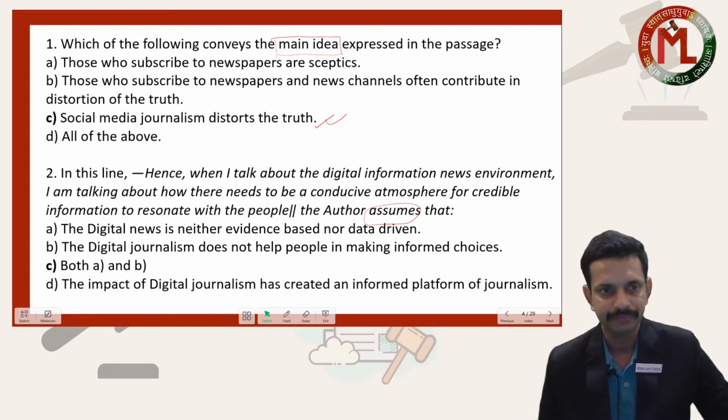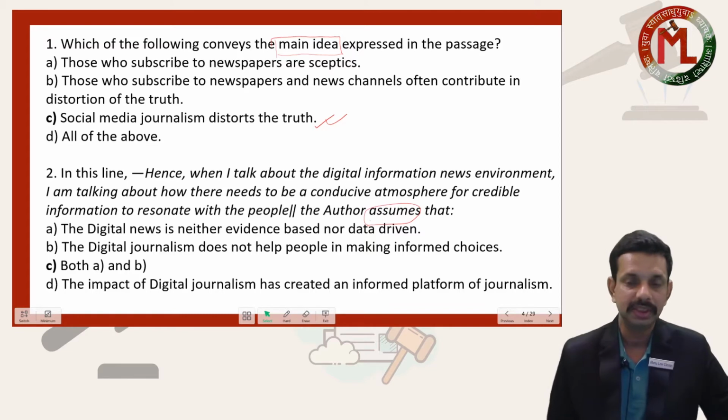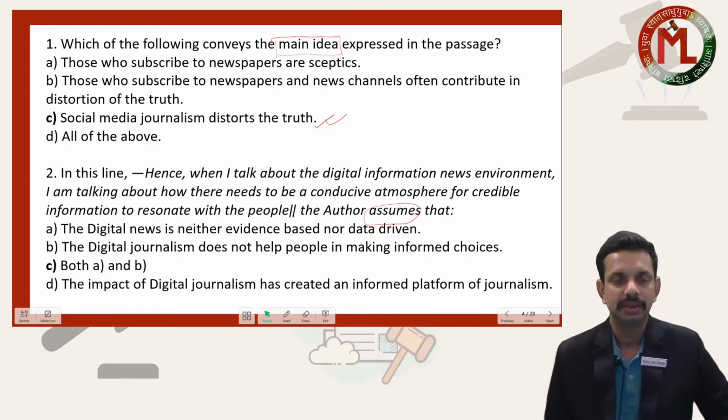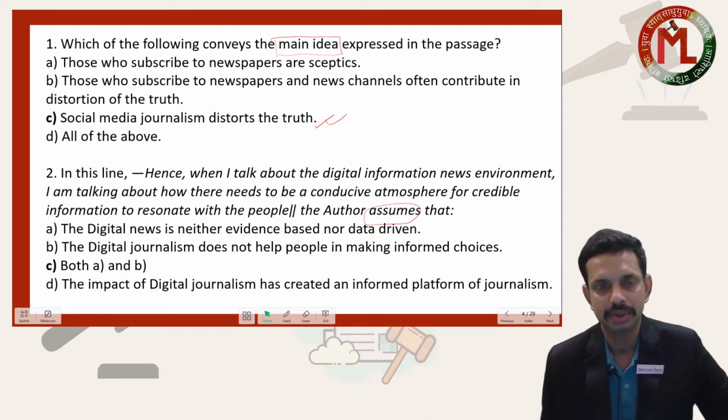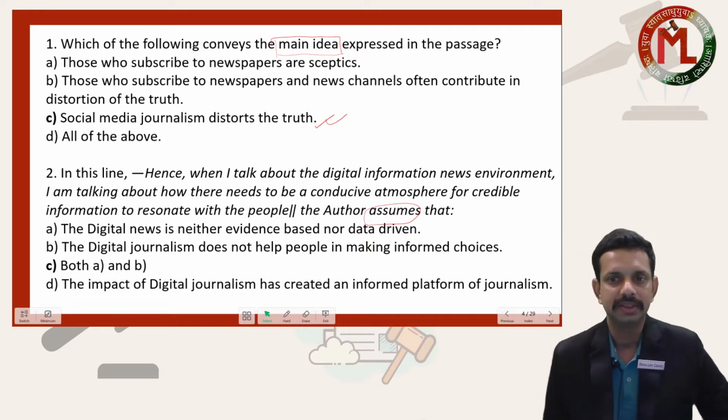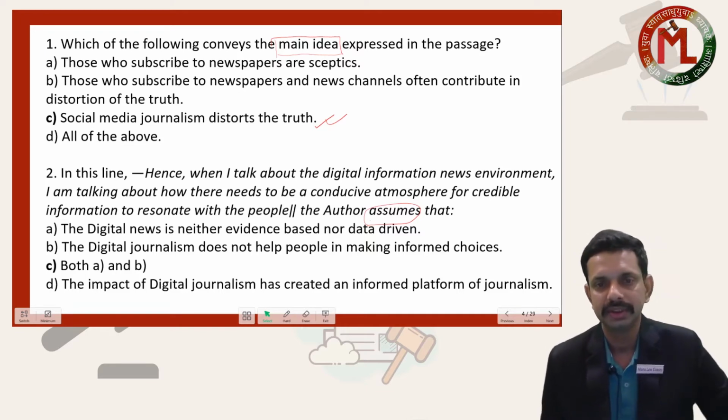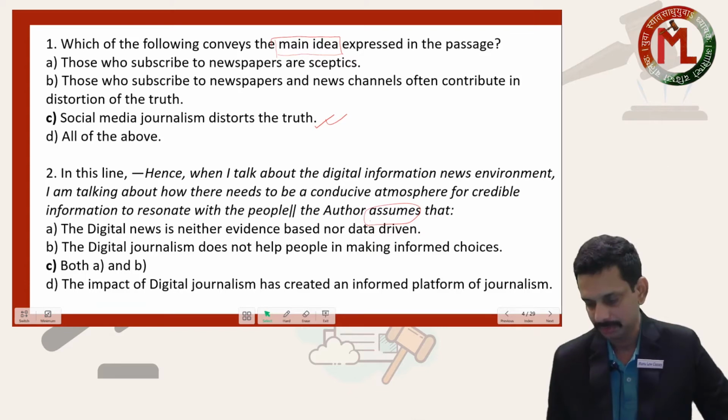Then second one, the digital journalism does not help people in making informed choices. Since the author assumes that digital media or the digital journalism is distorting the truth or is changing the truth, in that case it cannot help people in making informed choices. So for this question our answer will be first and second.